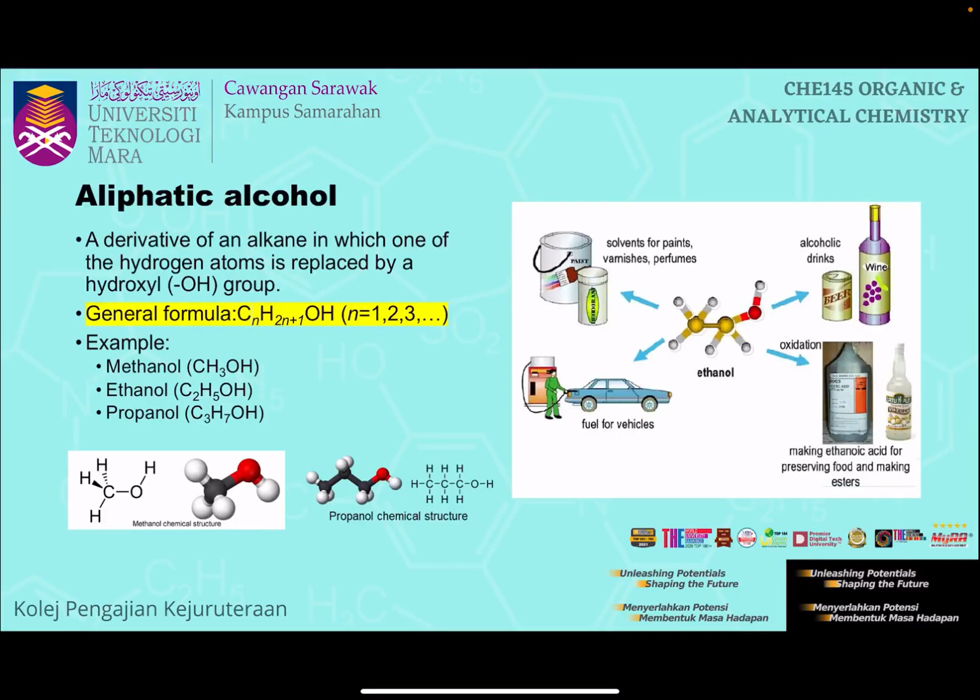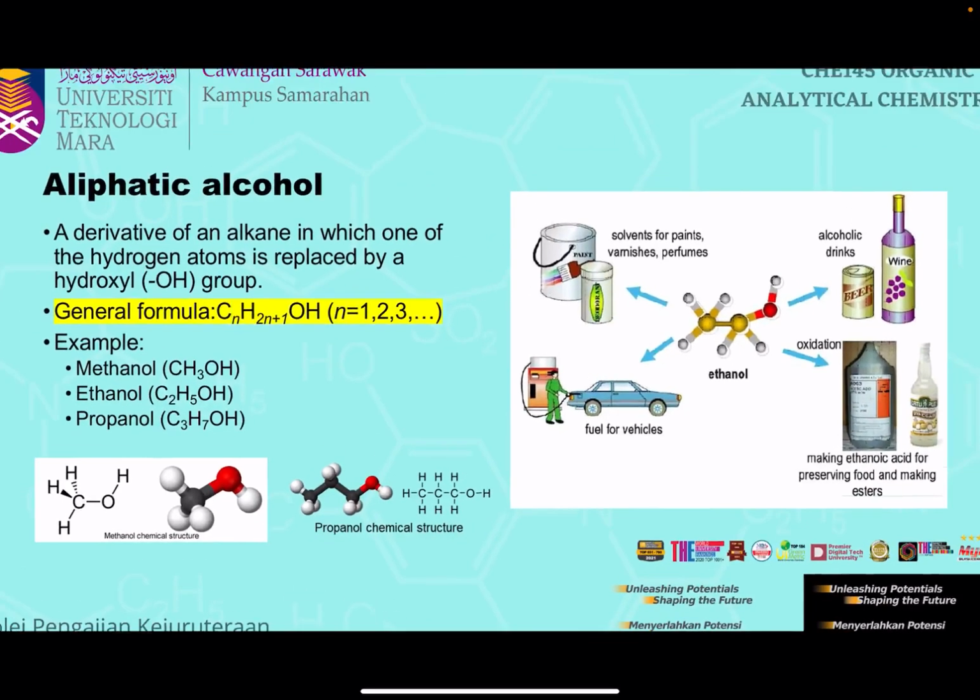So alcohol, aliphatic alcohol, is a derivative of alkane in which one of the hydrogen atoms is replaced by a hydroxyl group. So, for example, in an alkane, this is an ethane. Normally, if it's an ethane, all of it will be filled with hydrogen.